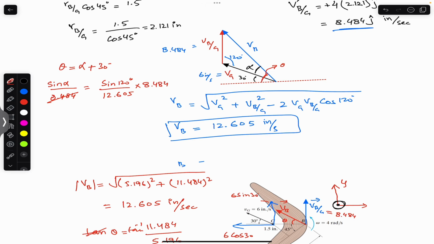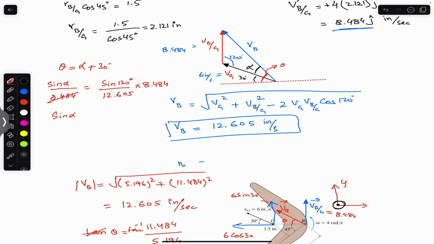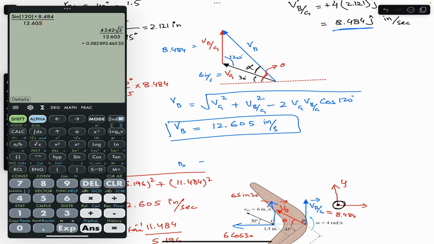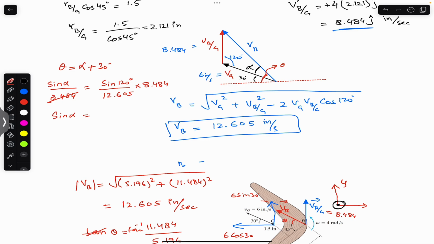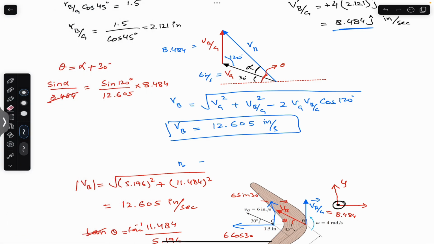So by cross multiplying, sine of alpha will be sine of 120 multiplied by 8.484 divided by 12.605. And if we take the sine inverse using the calculator, we get that angle alpha is 35.65 degrees.